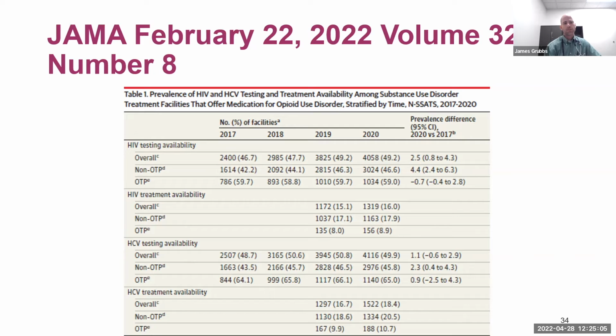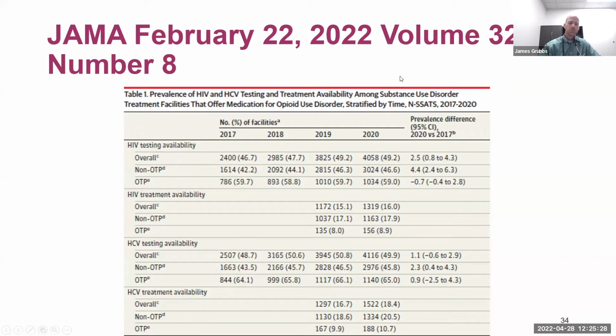It is complicated to provide treatment based at MOUD clinics, but it has been done in some places. About 16% of clinics said that HIV treatment was available physically at their clinic, but there's still a gap there.